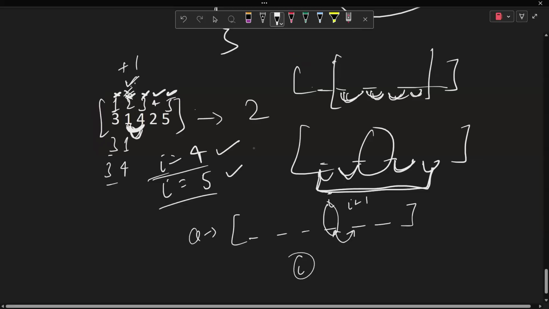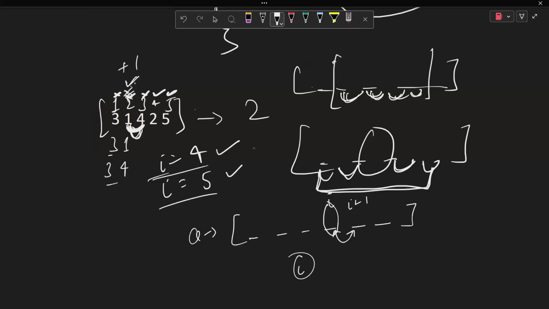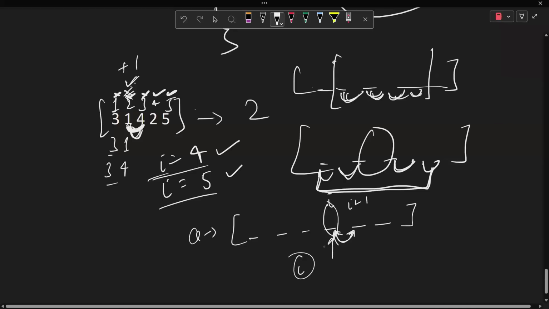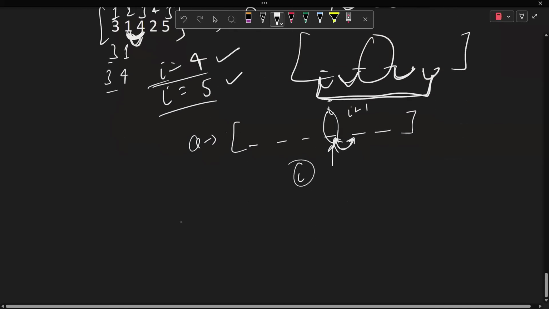Our answer for I just means whether for I the beauty condition is satisfied or not. The beauty condition was how many I's exist for which this subarray satisfies the condition. So if we are swapping these two numbers, it can only change our condition for I, not for any other index.